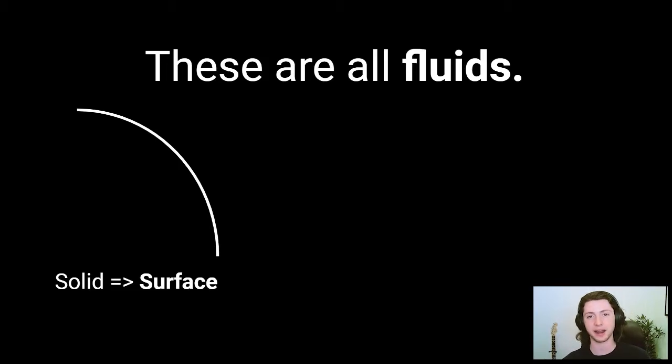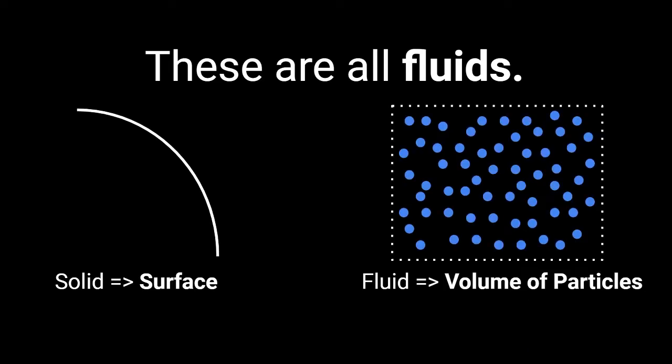Usually we think, okay, if I'm going to model something, I'm going to open up Maya, I'm going to create a triangle mesh, I'm going to extrude some stuff, and I'm going to add subdivision surface modifiers, and at the end of the day, what I'm going to have is a surface that has a material on it, right? But when we're talking about fluids, we're talking about something that's totally different. We're talking about a volume of tiny particles that are arranged in a 3D shape, right? We're no longer talking about a surface and a material. We're talking about a bunch of particles in a particular pattern.